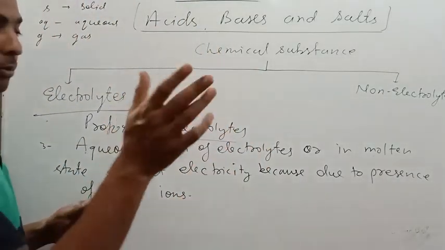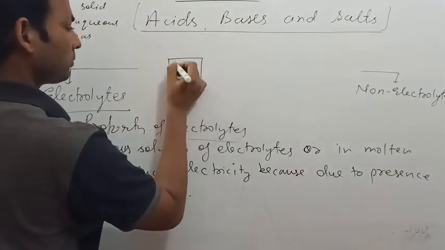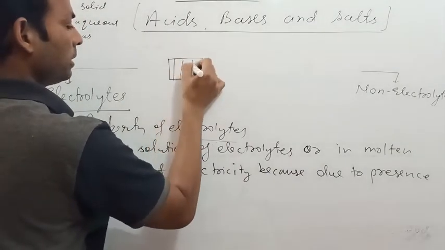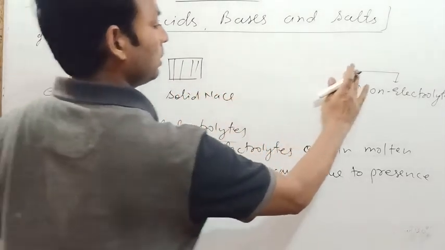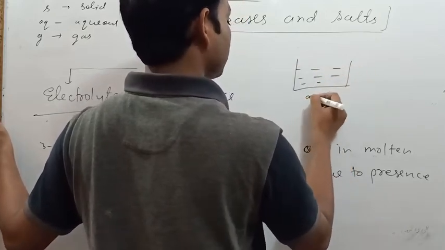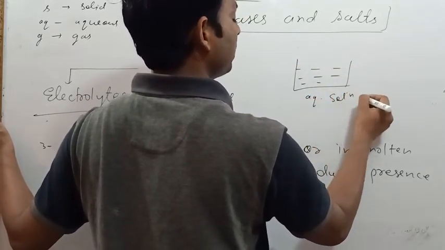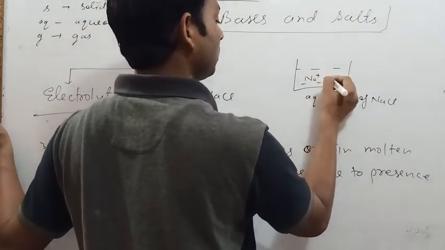Look, I am going to represent this with a figure. Suppose this is solid NaCl, and this is an aqueous solution of NaCl. It has free ions, Na plus and Cl minus.